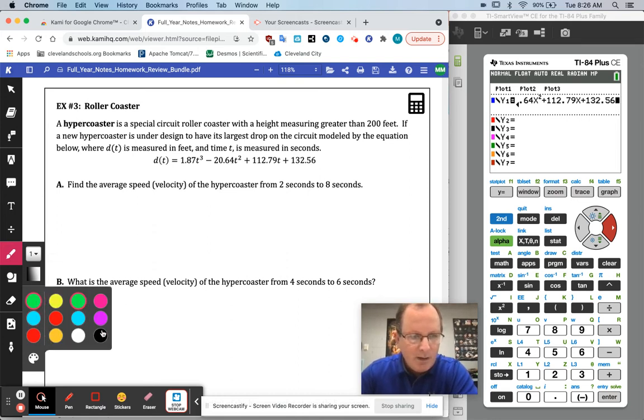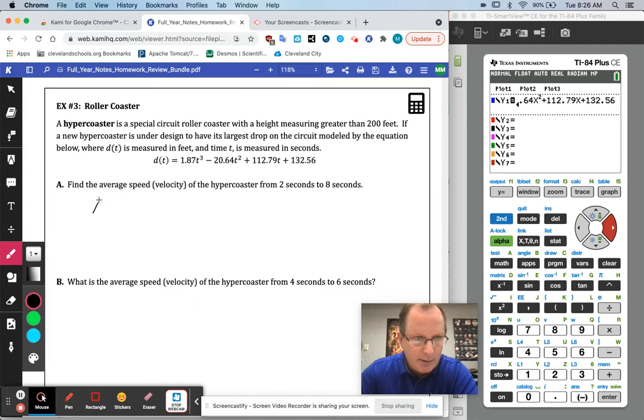So my average rate of change here, we'll call it the AROC. In this case, the average speed, the velocity, all these things are interchangeable. It will equal the fraction.